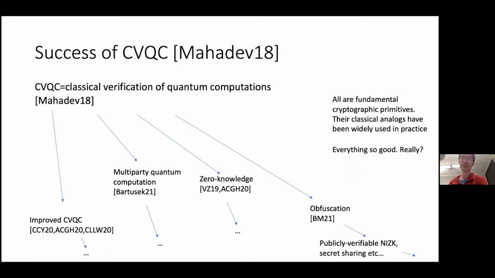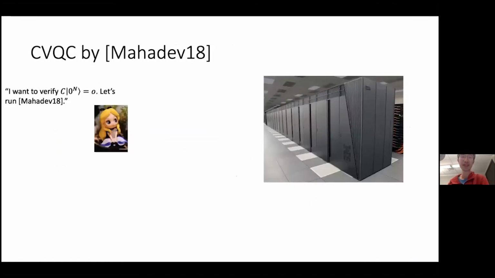So let's see what will happen if we run Mahadev 18 in practice. Suppose you have a circuit C and an output O to be verified. You tell the remote quantum server, I want to verify this computation result. Let's use Mahadev 18. So what should the server do?